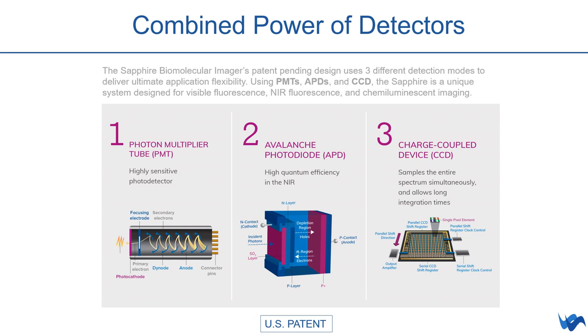So you will only get a scanner with the 3 detectors, PMT, avalanche photodiode and CCD chip, in one machine from Azure. And of course, we are now also trying to get this patent worldwide.